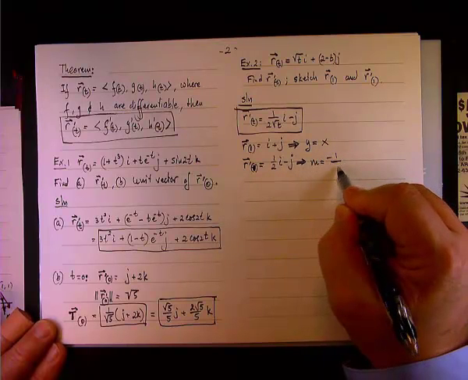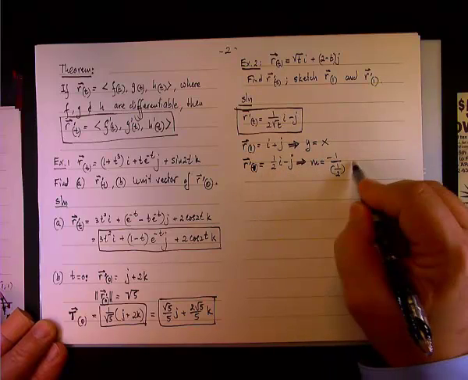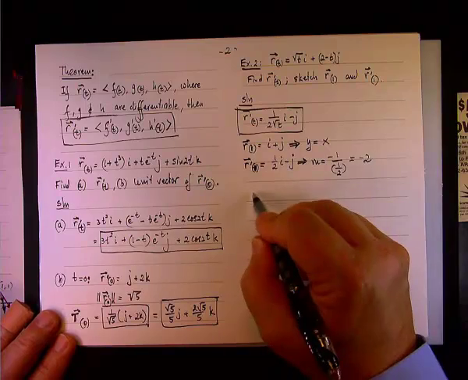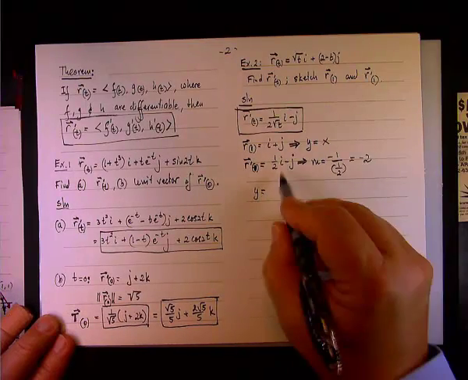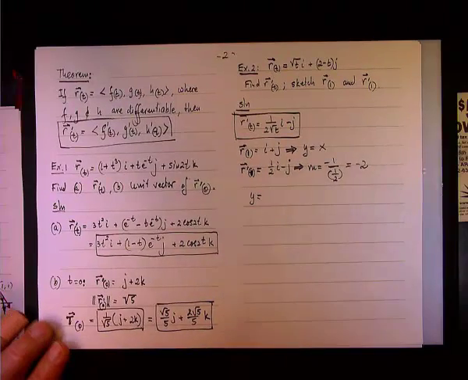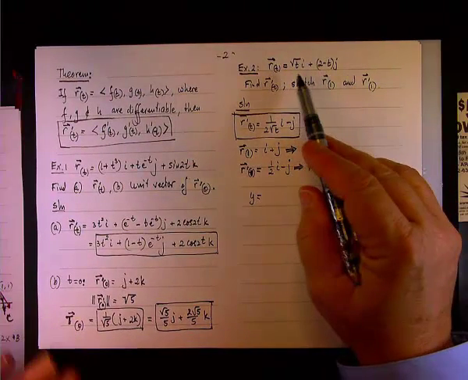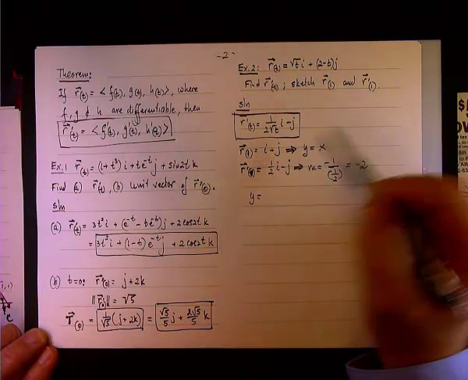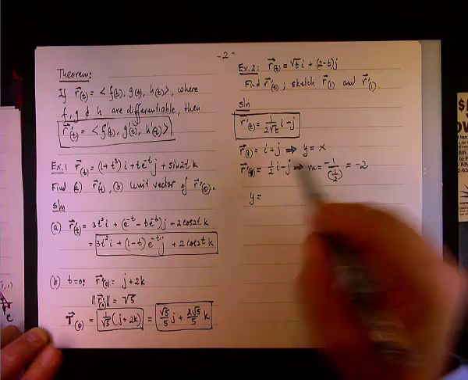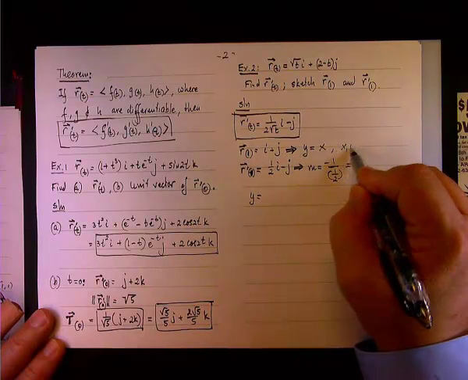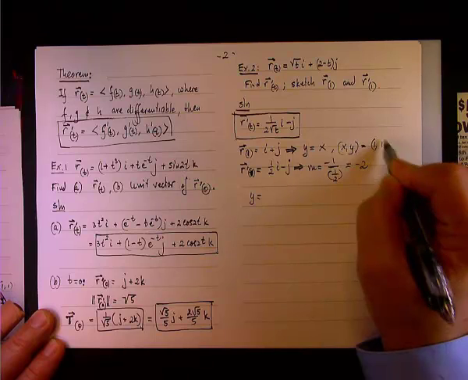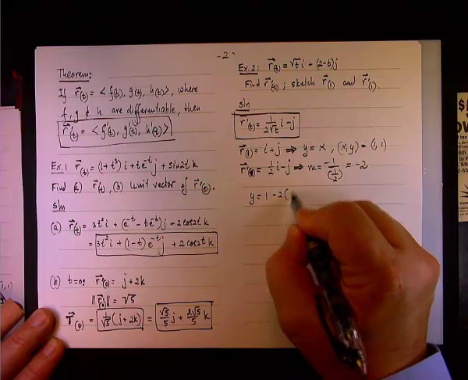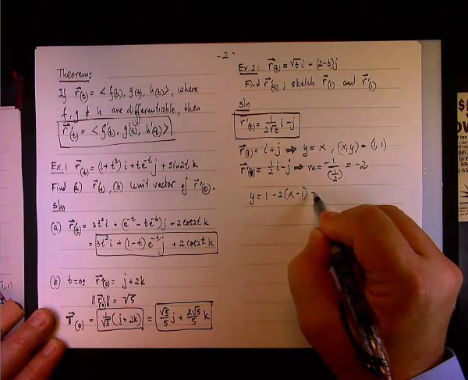On the other hand, here the slope will be -1 for j divided by 1/2 for i, so it will be -2. Okay, and now we can write the equation y equals, the point is, when t equals 1, you have i plus j, or the point xy is simply 1, 1.